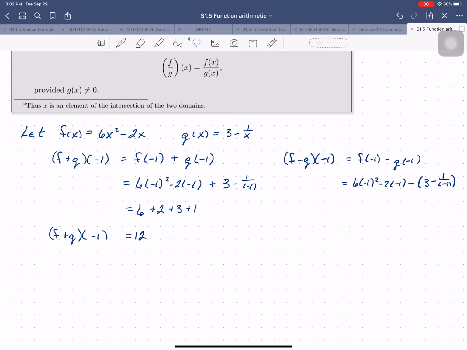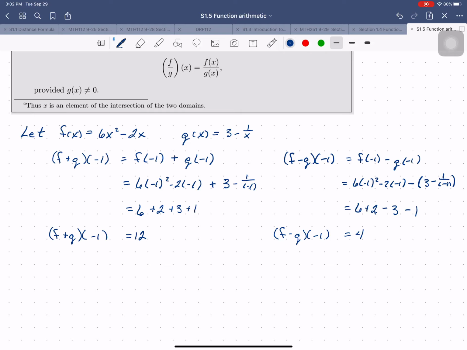This is still 6 plus 2, but now it's minus 3, and this back here is a minus a negative 1, so that's plus 1, but then there's another minus sign out here, so that is minus 1. So we end up with 8 minus 3. 6 plus 2 is 8, minus 3 is 5, minus 1 is 4. Okay?